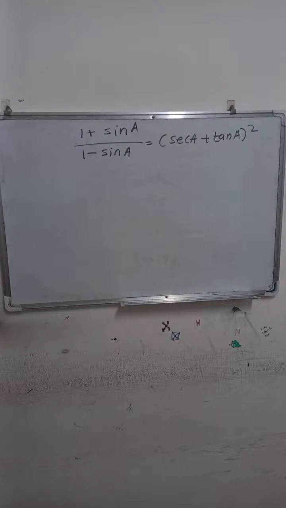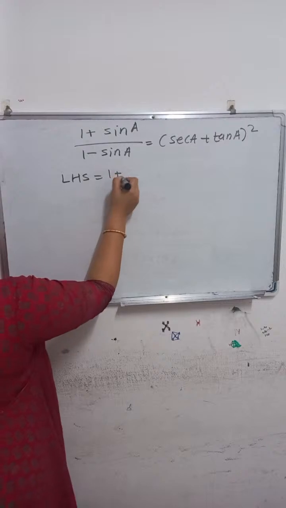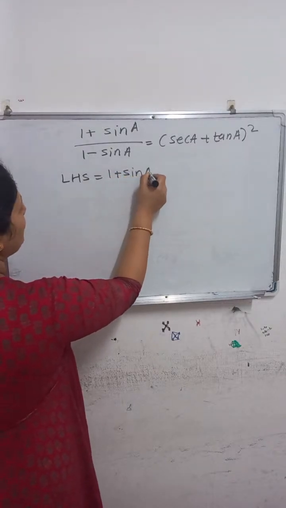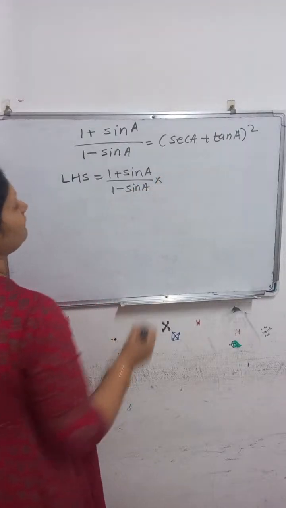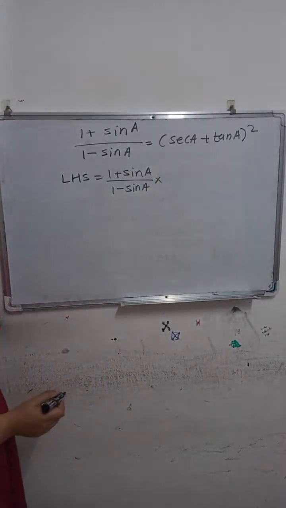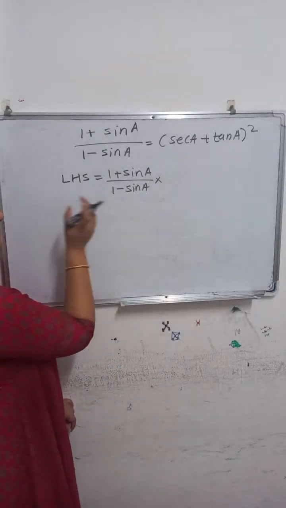Once you take this LHS, I will write LHS as 1 plus sine A upon 1 minus sine A. Here we can use the componendo and dividendo rule, or rather like how we do rationalization.